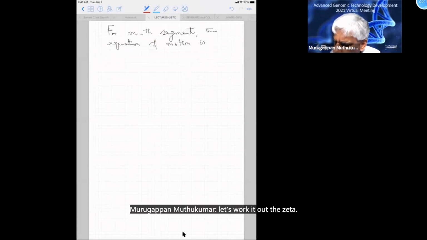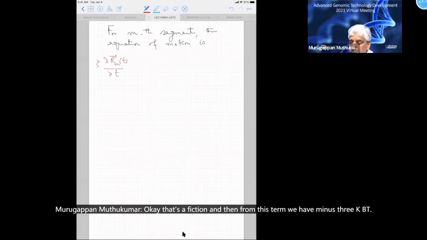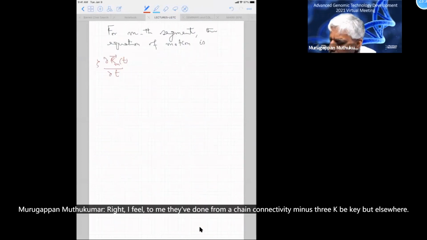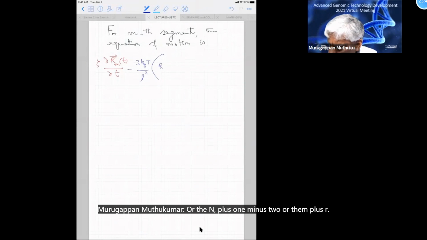let's work it out. Zeta dR m at time t by dt. Okay, that's the friction. And then from this term, we have minus 3 kBT, that's equal to, from the chain connectivity, minus 3 kBT by L squared, R m plus 1 minus 2R m plus R m minus 1.